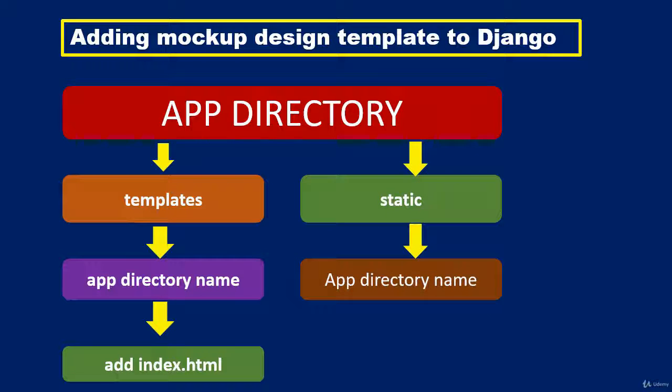And then within that, you add any static files you have, like Bootstrap, and any static CSS you have. You can include that inside this directory. So this is basically the format you would use to move your mockup templates into Django.